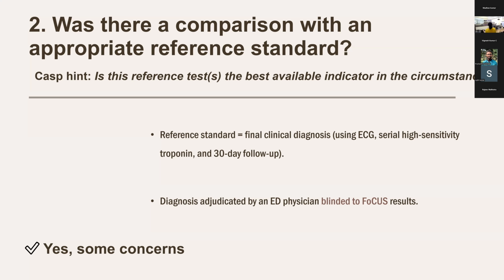I feel like you didn't specifically need that, because if there were two sets of enzymes that were elevated, or if at the time of discharge the discharging physicians thought the patient had NSTEMI, it should have been taken as NSTEMI. So I felt there was some concern, but overall, yes, it was a reasonably good reference standard.